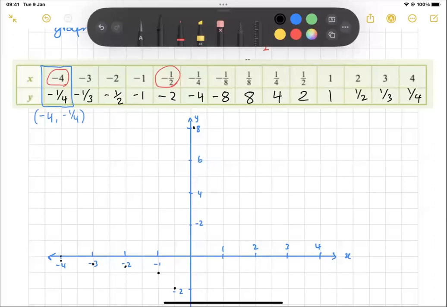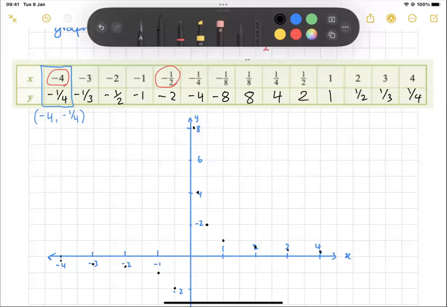Then 1/4 is going to be 4. So about here. Then half is going to be 2. Okay. Then 1 is here. 2 is about here, 3 is going to be here, and 4 is going to be right there.